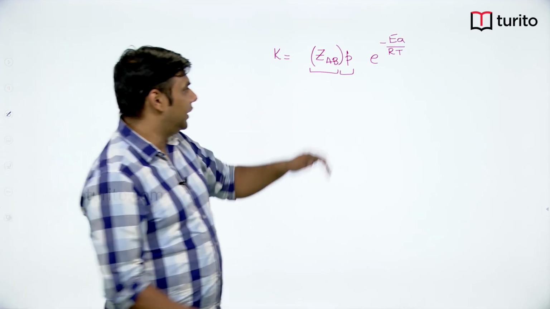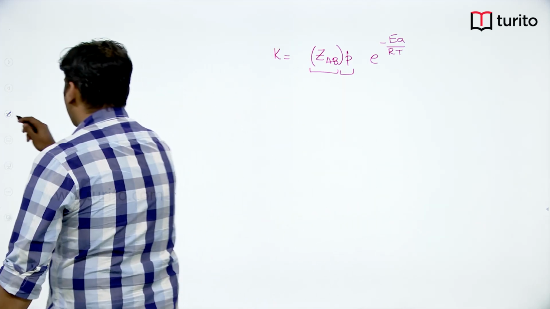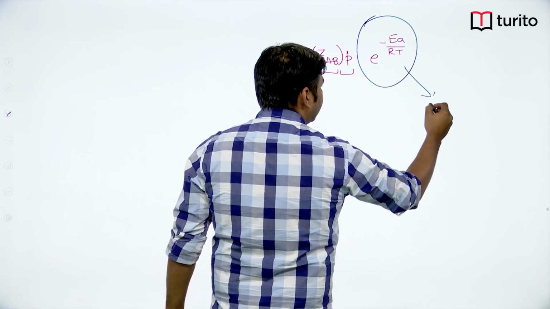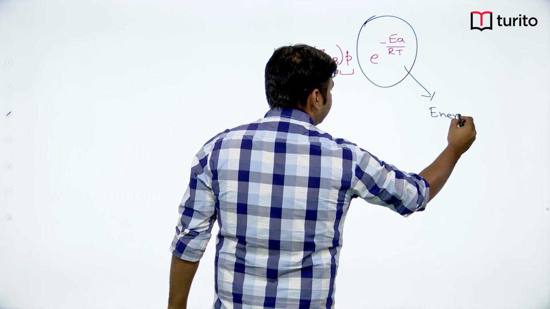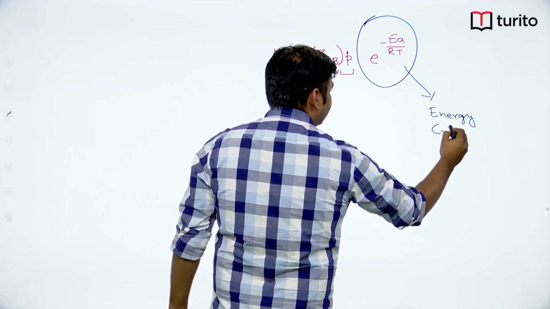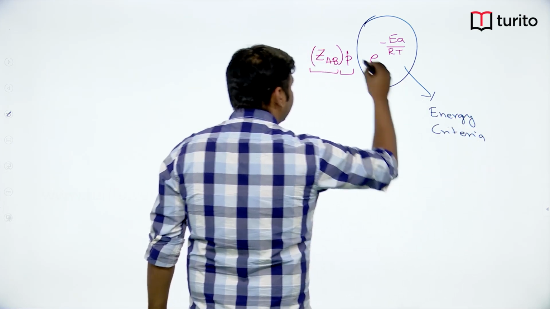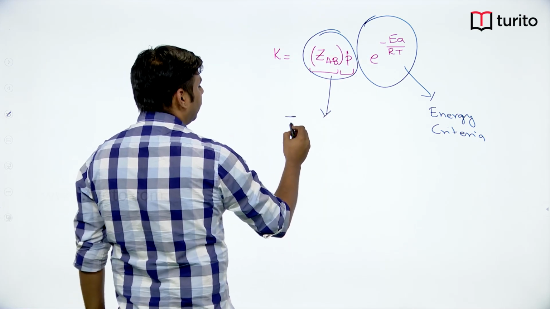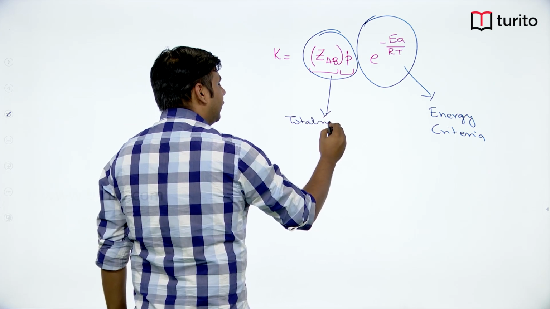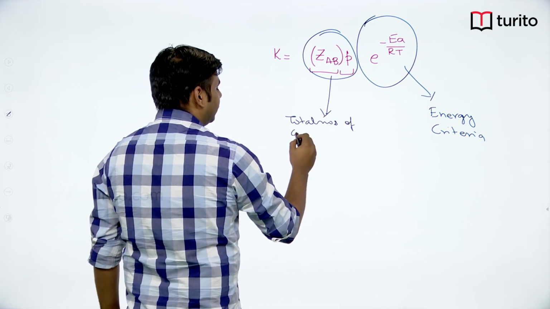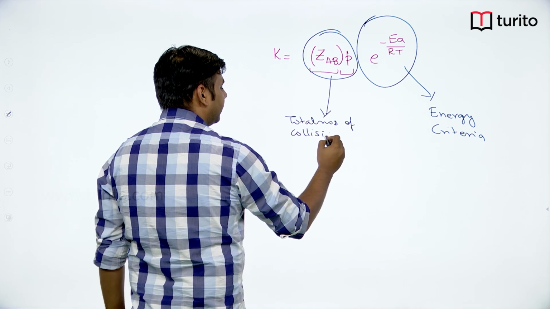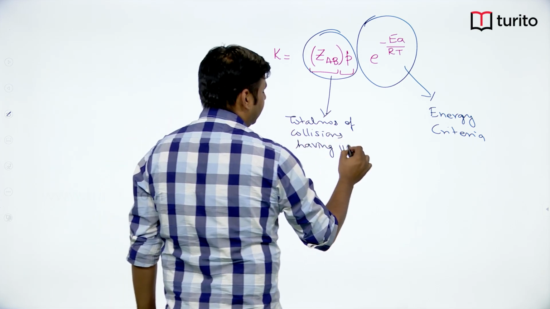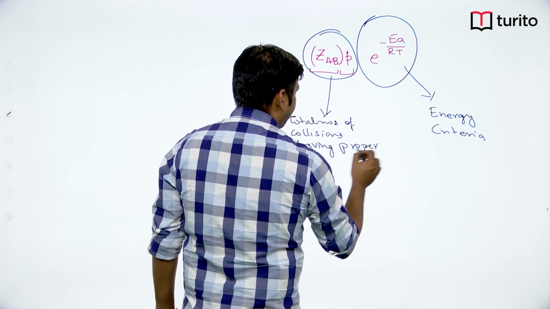This is the energy criteria term, and this is the total number of collisions having proper orientation. When you multiply these, you get the value of the rate constant.